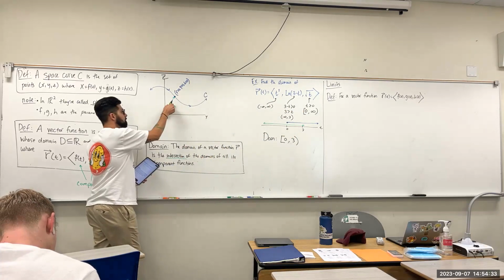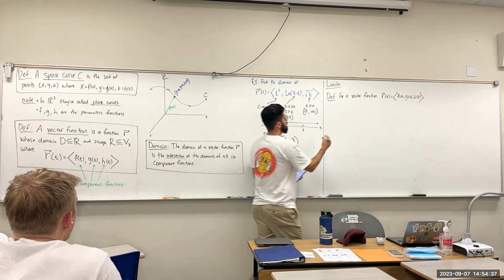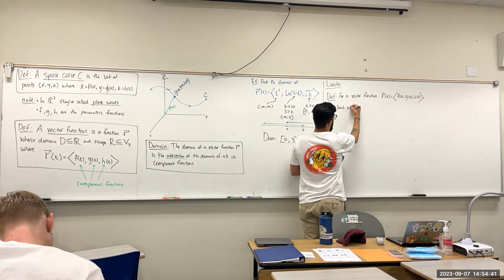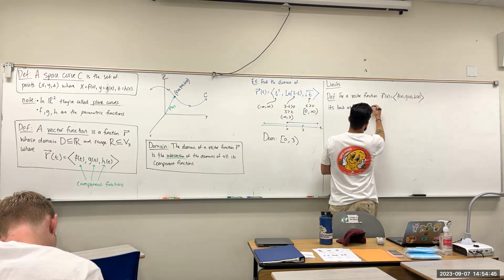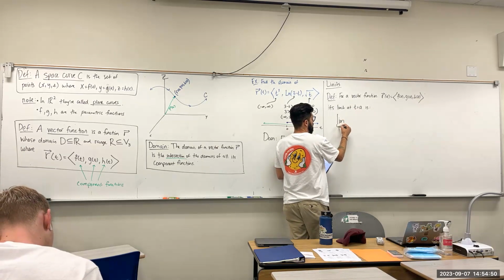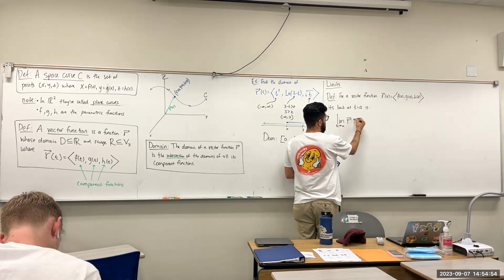Its limit at t equals a, this is how we're going to write it: the limit as t approaches some value a of my vector function r of t.